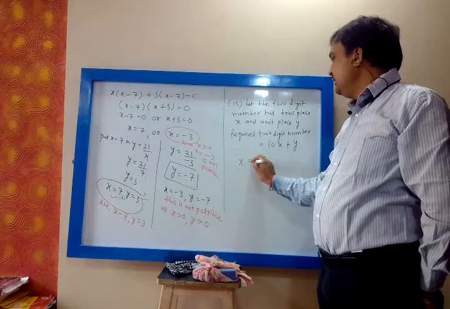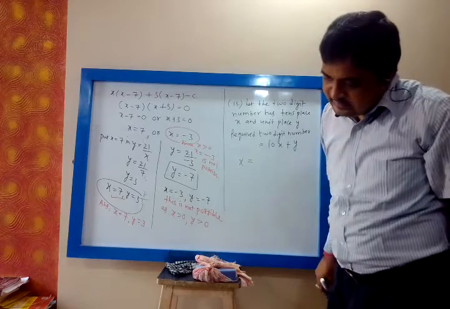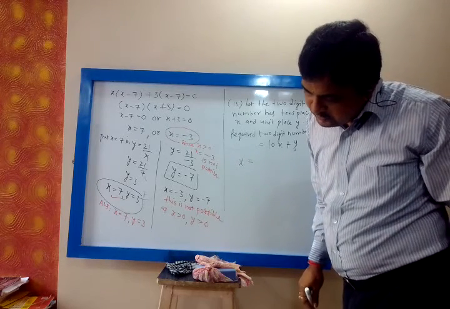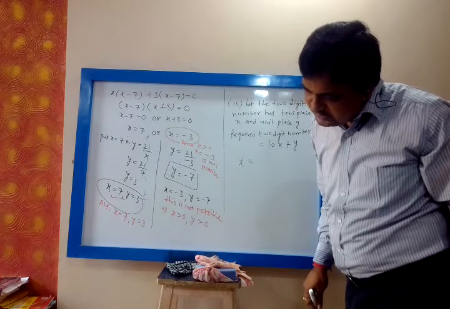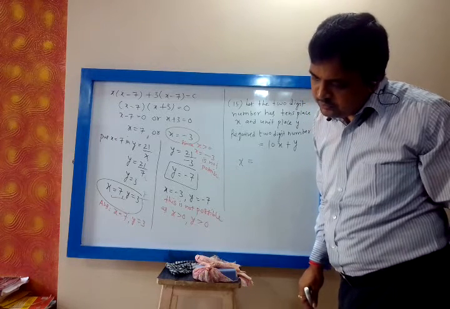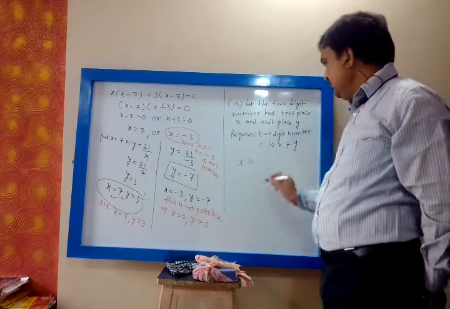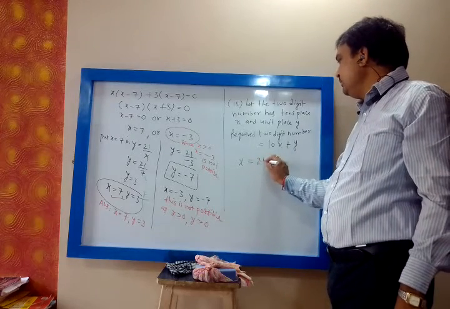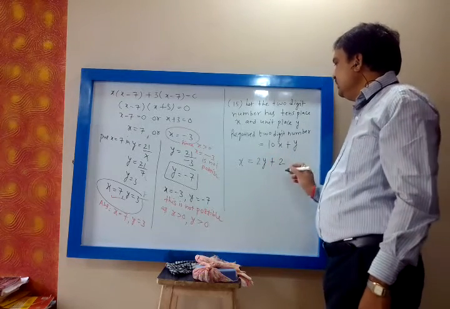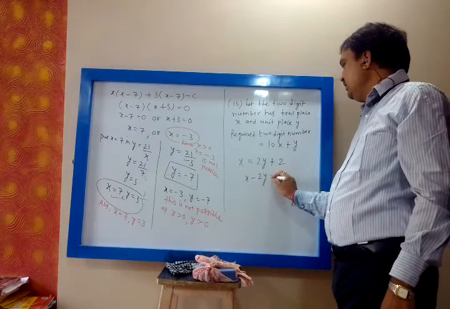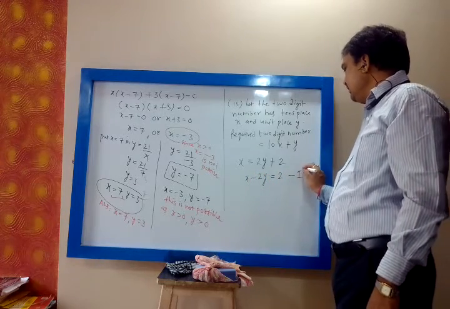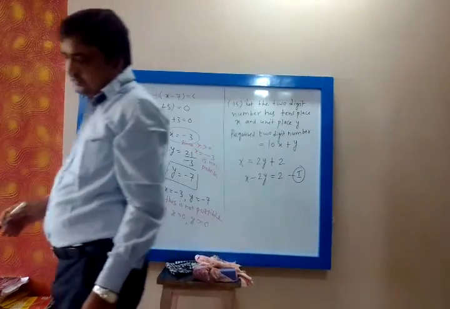This exceeds twice the unit digit by 2. 2y plus 2. So what you will get? x minus 2y is equal to 2. Equation number 1. Chalo, do it.